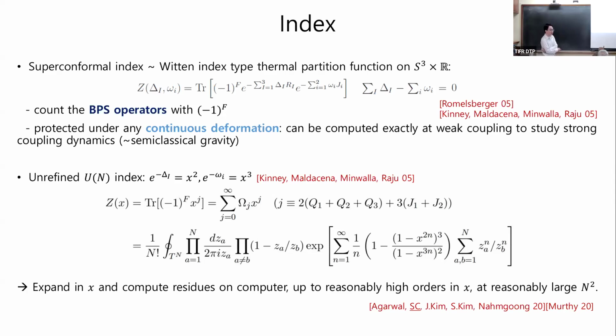For some reason, e to the minus delta is set equal to x squared, and this is just for computational convenience. Otherwise there is a more general formula. Suppose you don't want to distinguish between the three SO(6) charges, so we set all those chemical potentials equal. And you don't want to distinguish between the two angular momenta, so we set those equal too. That is a computational convenience. But these two chemical potentials should be related, because it is an index and you want to make it commute with the supercharge.